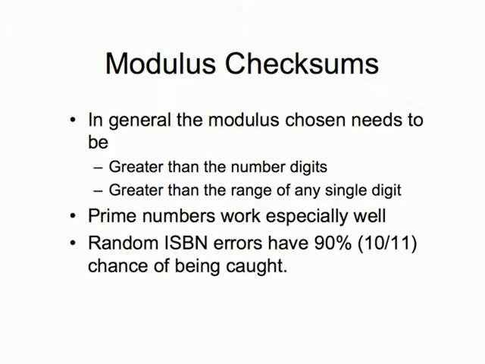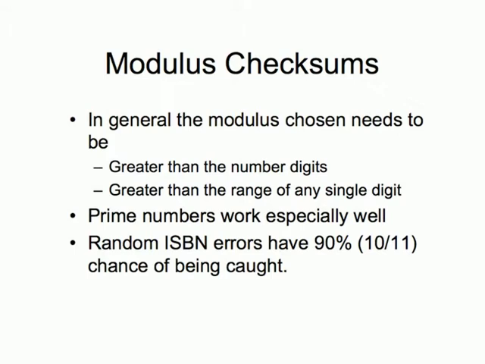In general, the modulus number chosen needs to be greater than the number of digits in the number and needs to be greater than the range of any single digit. So we have the mod 11 checksum in the ISBN, and the ISBN number itself is only 10 digits long. And there's no digit in the ISBN number that goes up to 11.